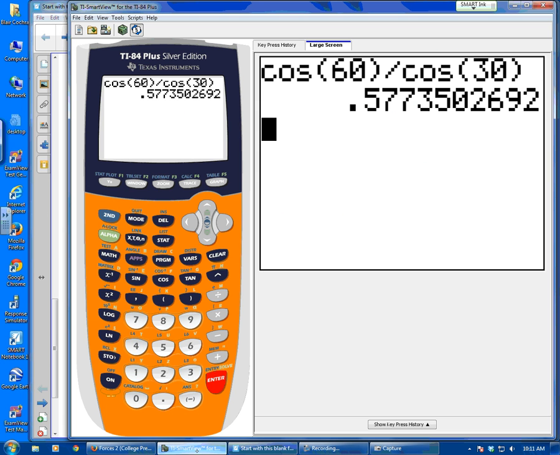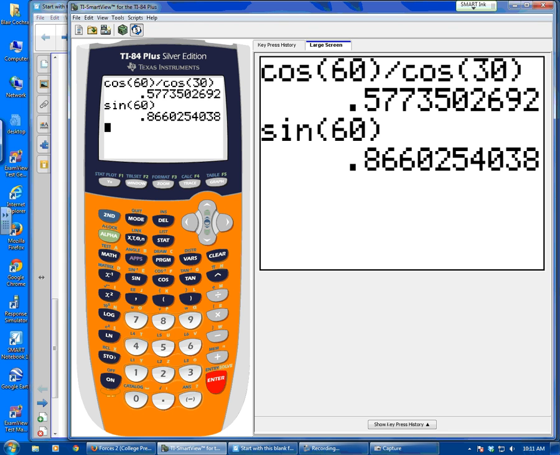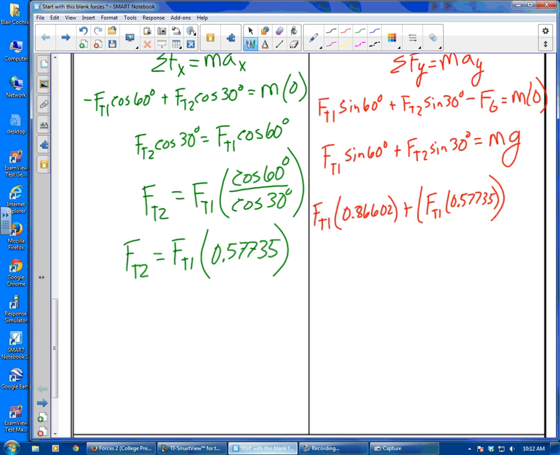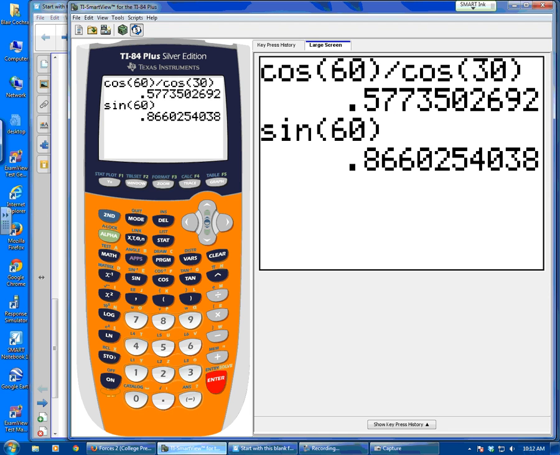Sine of 60 is 0.86602, plus ft1 times 0.57735, all that times sine of 30, because sine of 30 is 0.5.